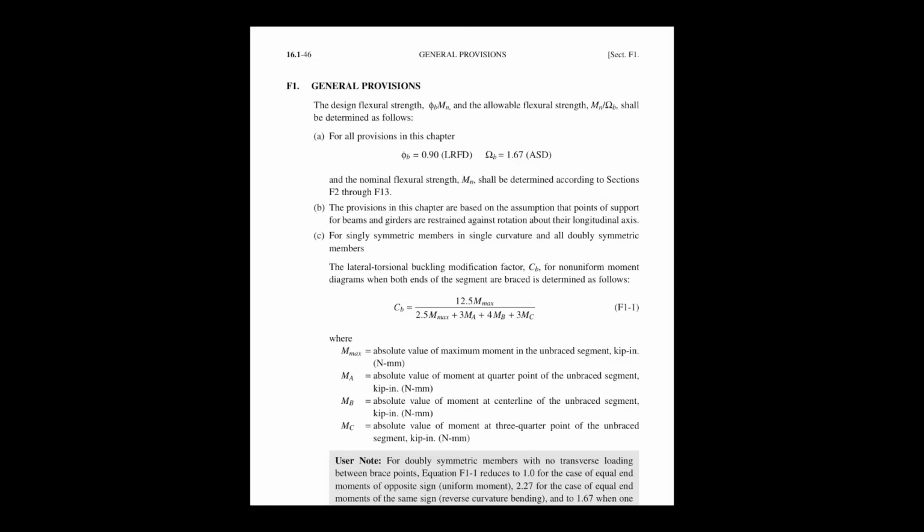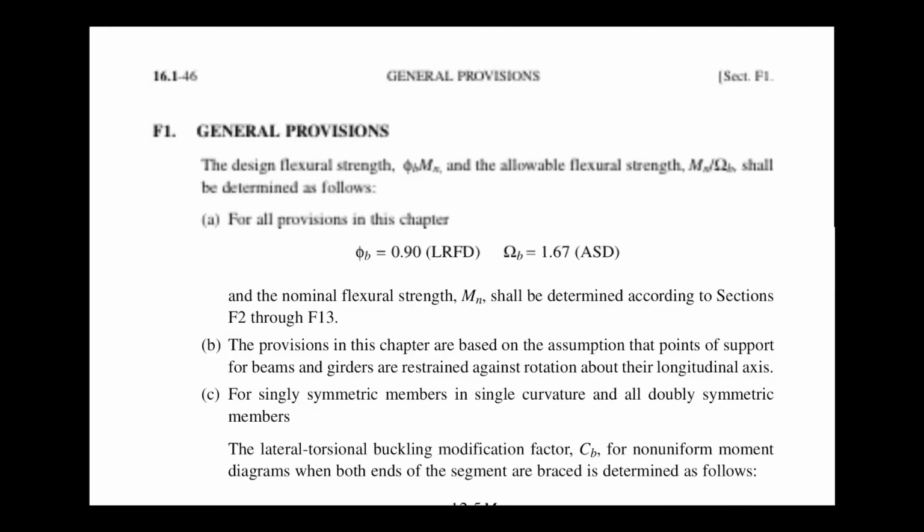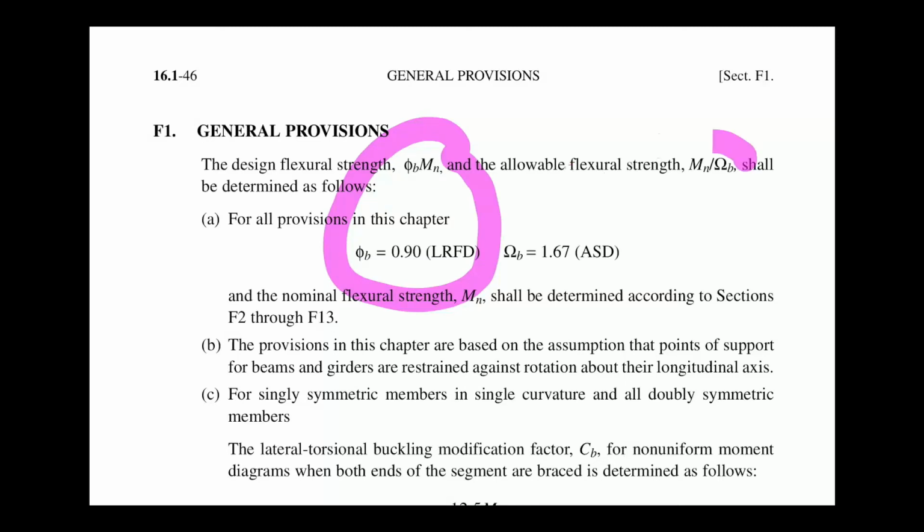So we come next to the provision. The code allows you to use both the strength reduction factor or the factor of safety. This is the style for the latest AISC. For here, the phi, which is the strength reduction factor, is used for the ductile failure, and this omega is the factor of safety.